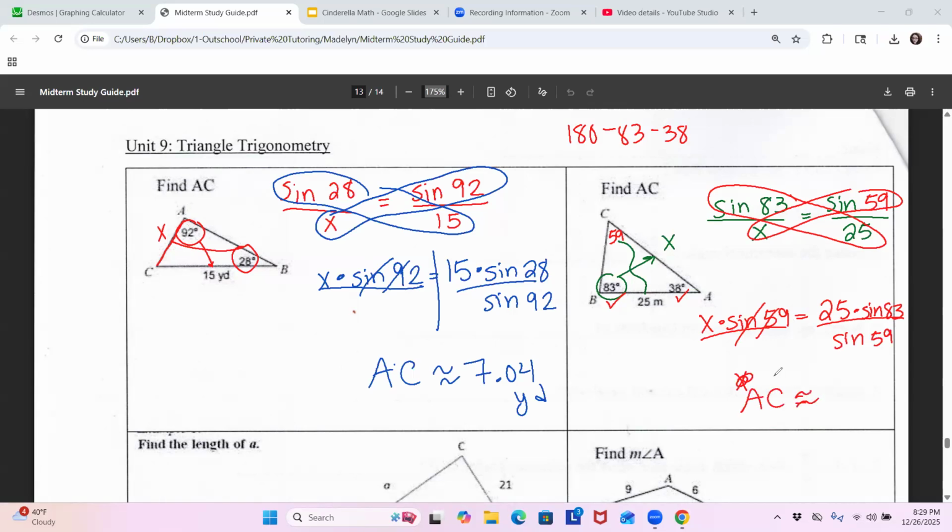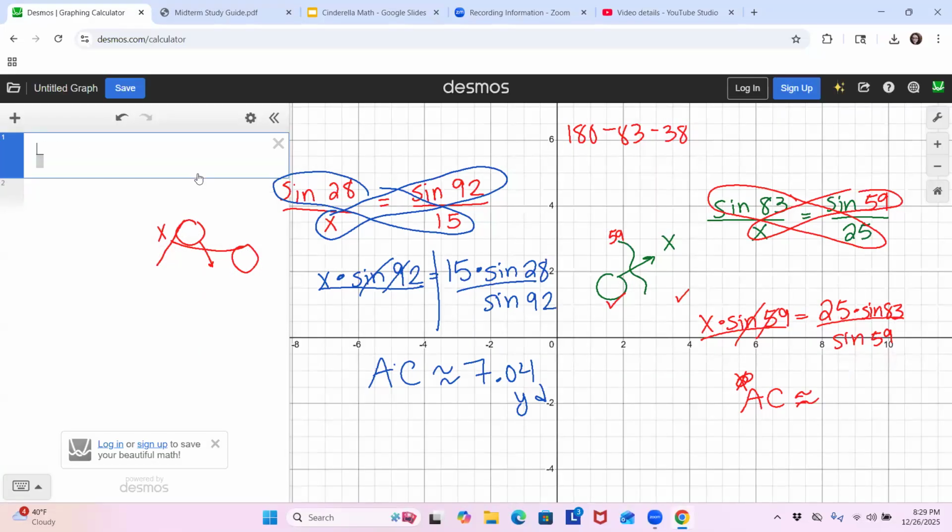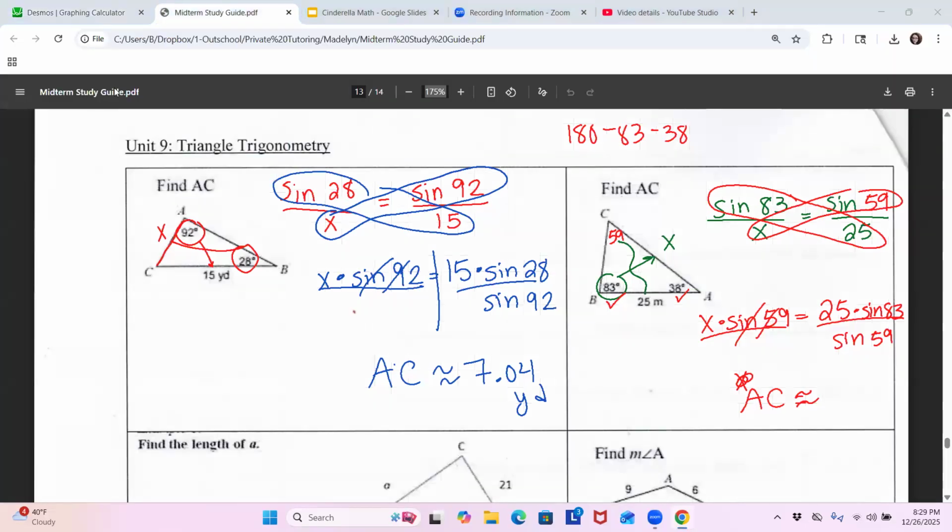So 25 sine 83 over sine 59 is approximately 28.9, and we're in meters. So those are both law of sines.